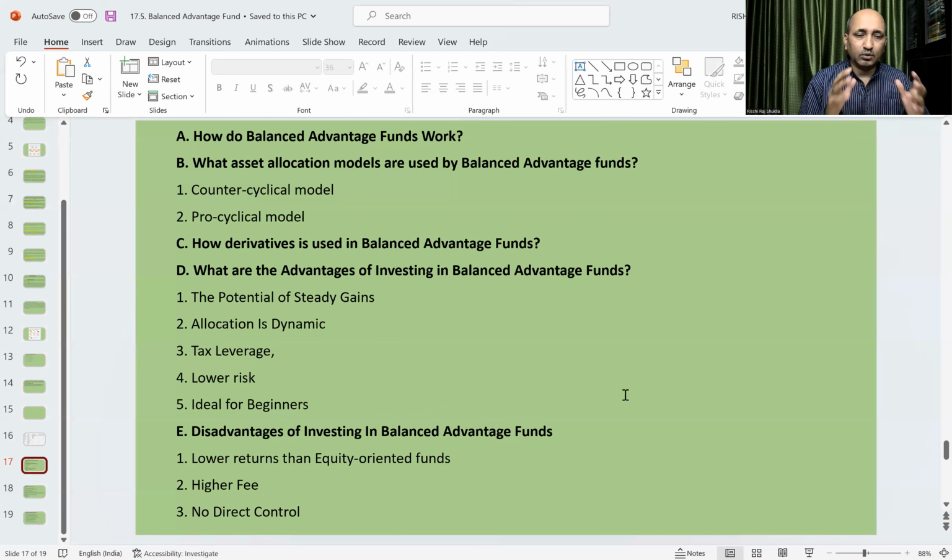This is a disadvantage. And there is no direct control. Even if we want this scheme to have more in equity, they will not. They will follow their own set of rules, their own asset allocation model. So this is also one advantage we can say. Otherwise, all are advantages here.